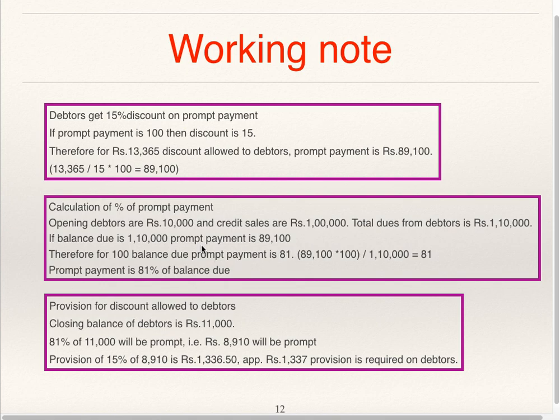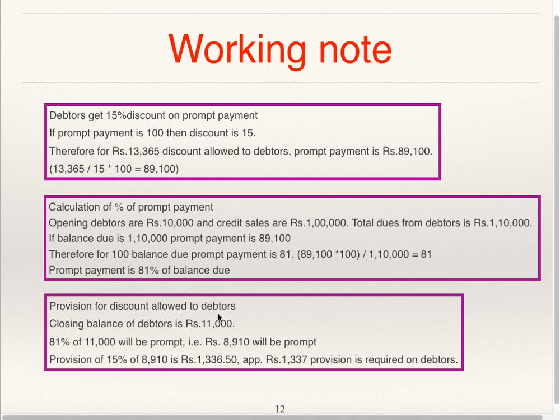How is this calculated? If balance due is 1,10,000, prompt payment is 89,100. If balance due is 100, prompt payment is 89,100 into 100 divided by 1,10,000, that is 81%. Prompt payment is 81% of balance due.